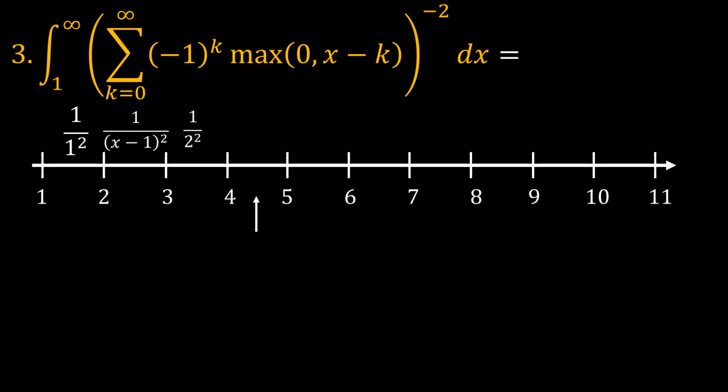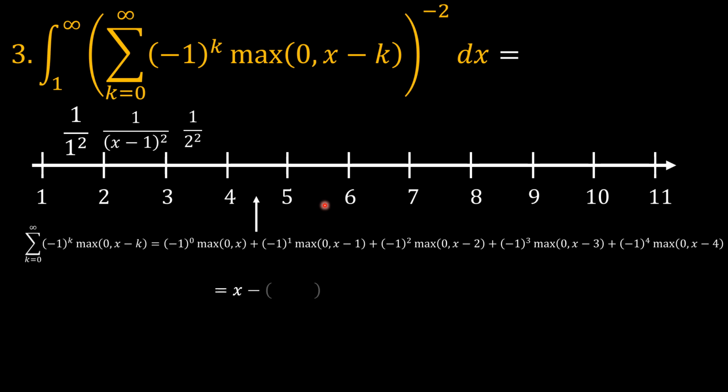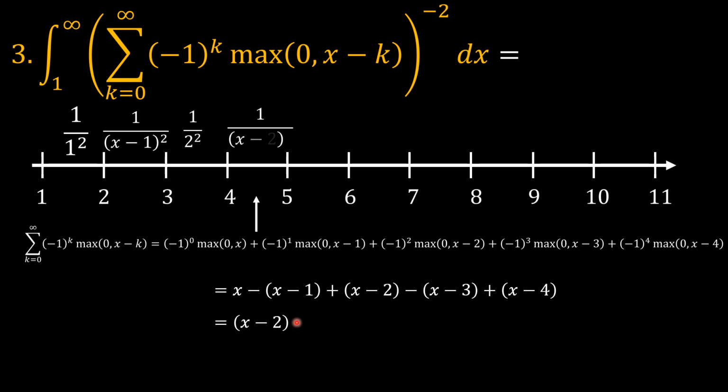Let's go to the interval between 4 and 5. Here we get, it goes all the way up to x minus 4. And there is a positive here because we have to the power 4 here, and then when you add things we get x minus 2 squared, right?